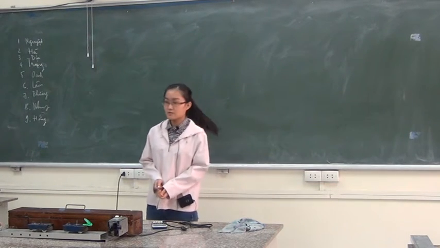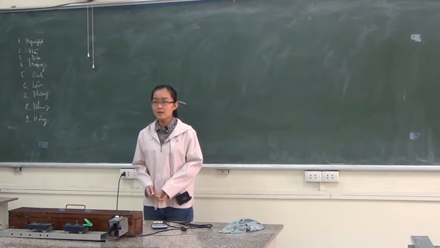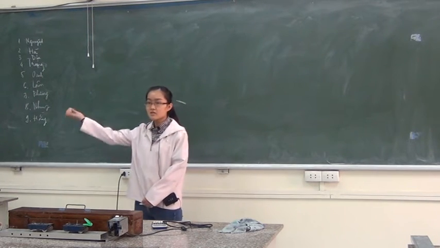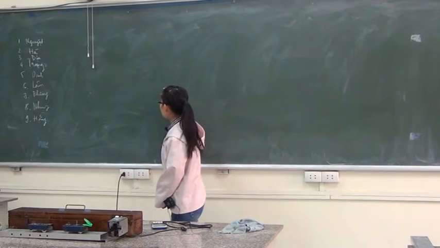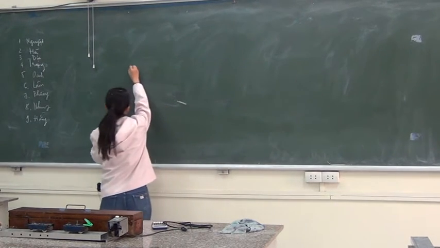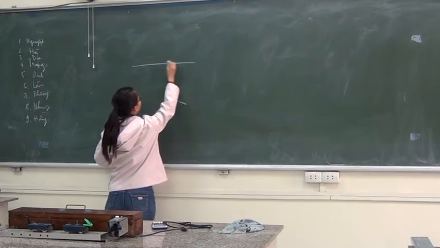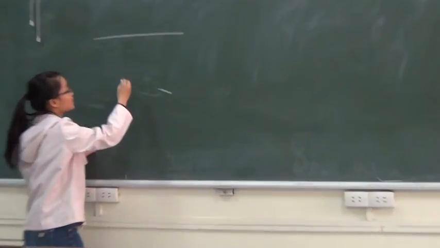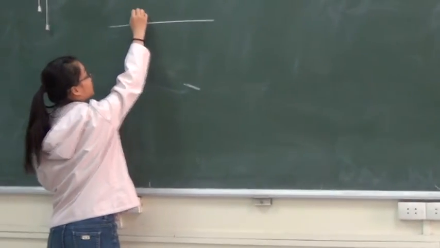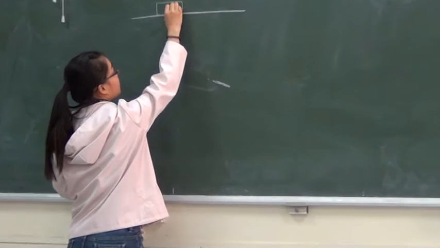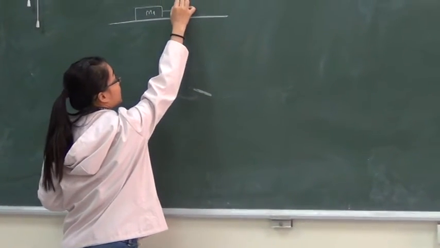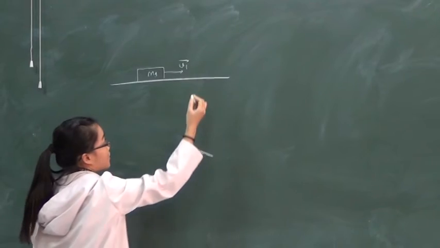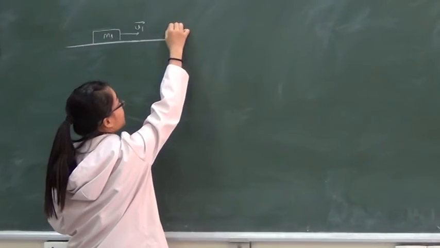The first is eliciting the problem. I will give the students a situation. We consider two cars colliding with each other. At the initial time, car 1 with mass m1 moves with velocity v1 to collide firmly with car 2, which is at rest.